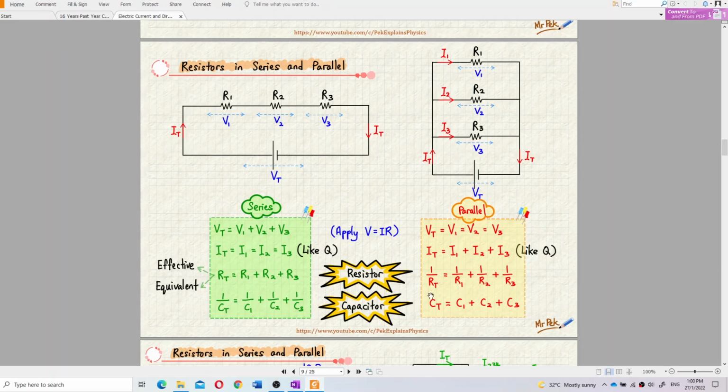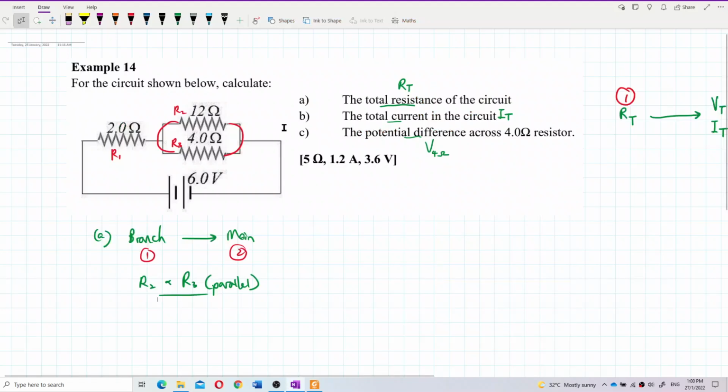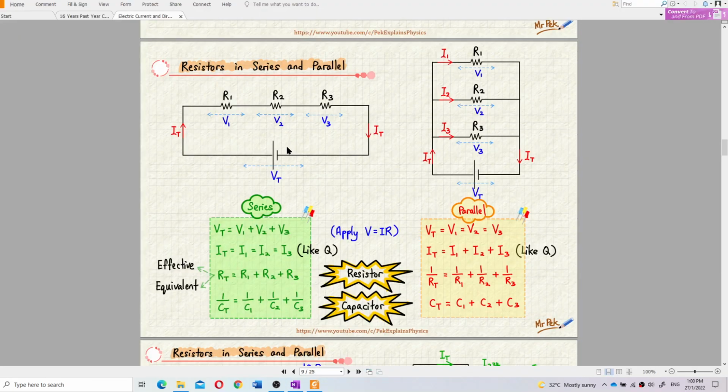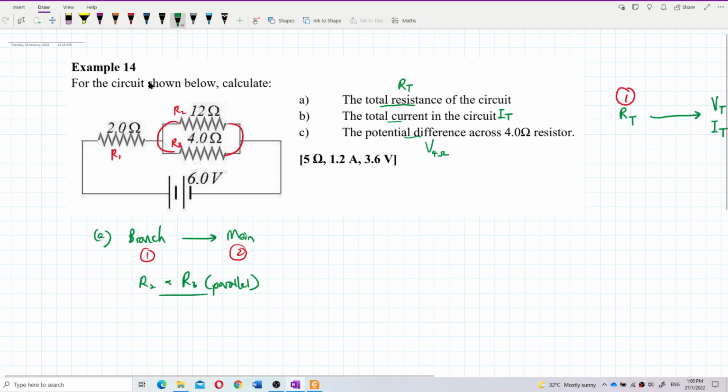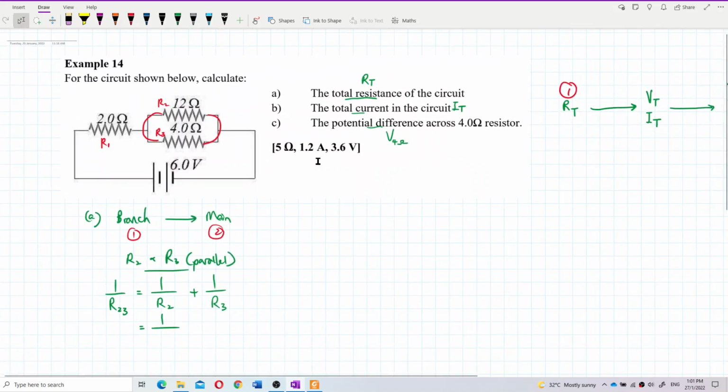It is 1 over resistor. Okay, so this is a parallel resistor, so it's 1 over resistor. Okay, so write it down. It is 1 over R23. We combine 2 and 3, so it becomes R23. So it's 1 over R2 plus 1 over R3. Okay, and then resistor 2 is 12 ohm. Write that down, 12 ohm, and then resistor 3 is 4 ohm.